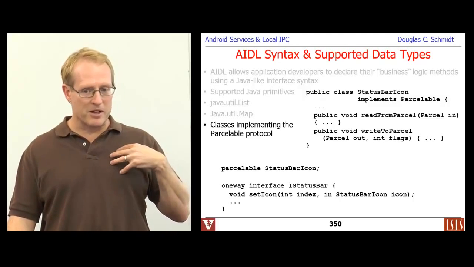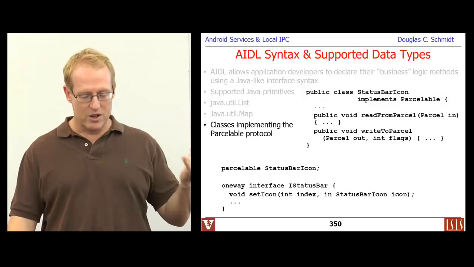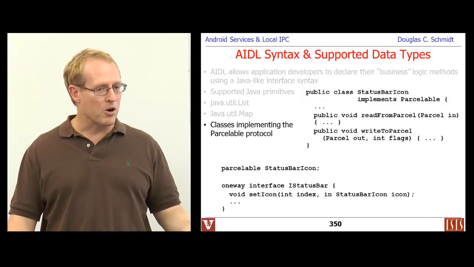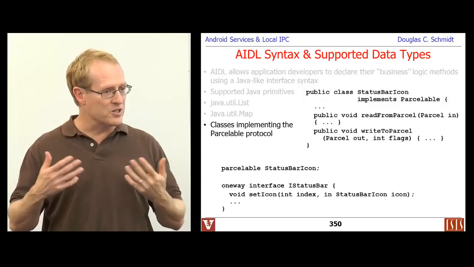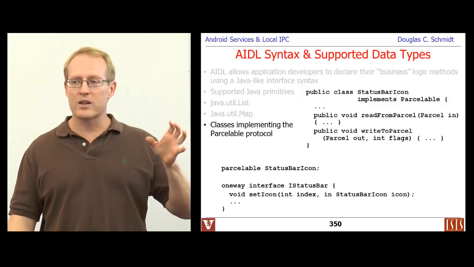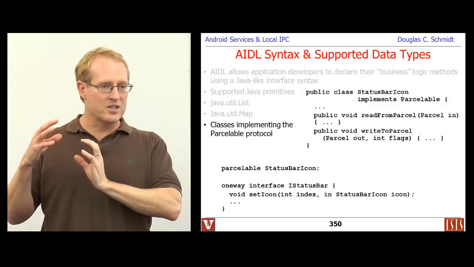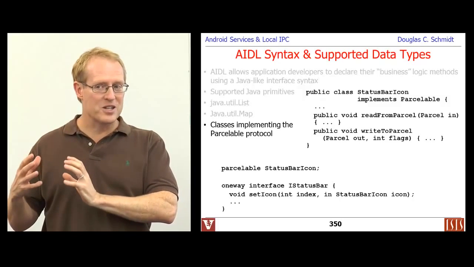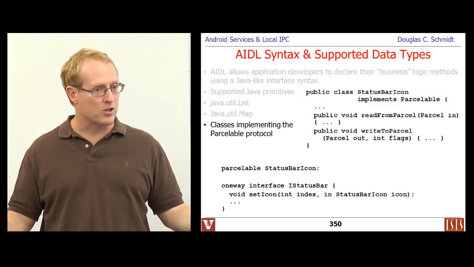And you, as the implementer of that class, are obliged to fill in a number of hook methods, like readFromParcel, writeToParcel, and so on. And at the appropriate times, as Android is doing its thing, it'll end up invoking those methods in the stub or in the proxy in order to get the state of the particular instance of this thing, and then pass that back and forth under the hood as a parcel.